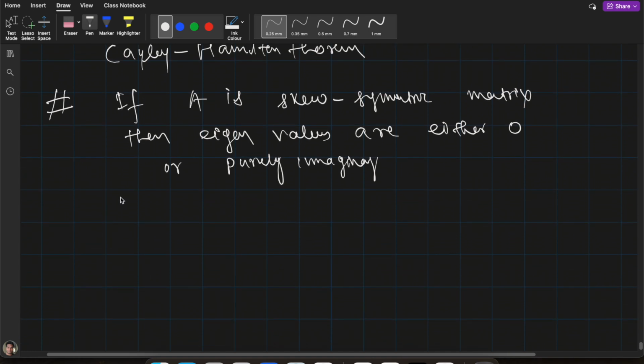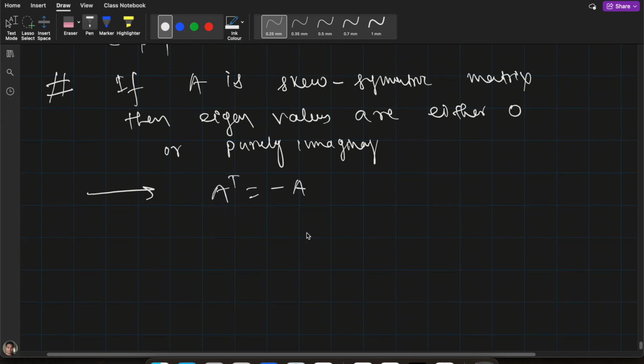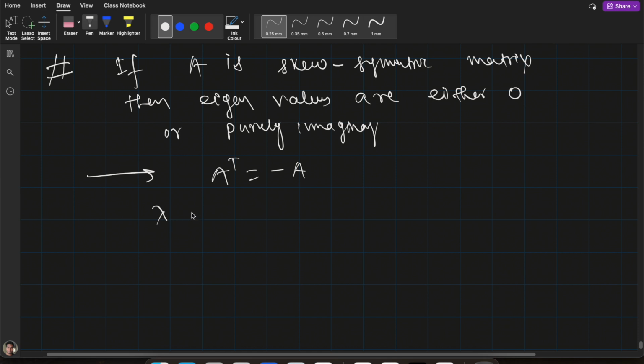Which means that if A transpose equal to minus A, then lambda is either 0 or purely imaginary. I cannot just write it as a complex number: 0 or purely imaginary. Purely imaginary means what? 2i, 3i, like that. No real part. That is called purely imaginary.